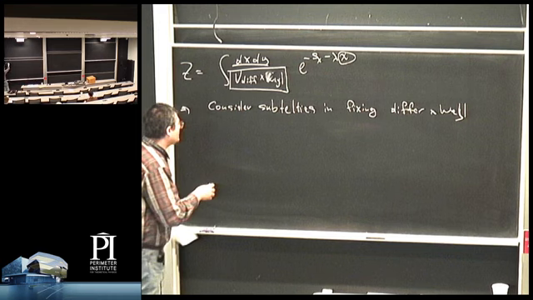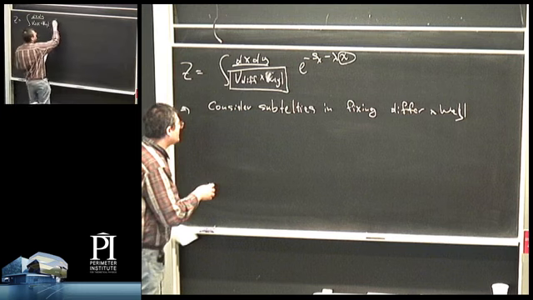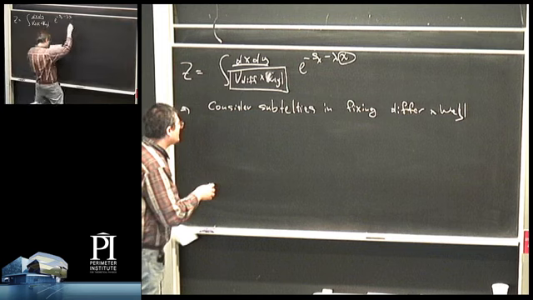This partition function takes the following form: dX dg, divided by the volume of the diffeomorphism group and the volume of the Weyl group. Those are the reparametrization invariances on the worldsheet. Then we have e to the minus S, the Polyakov action for the X field, and the dilaton expectation value times the Euler character. This is the partition function, and then we can insert various vertex operators and study string scattering.